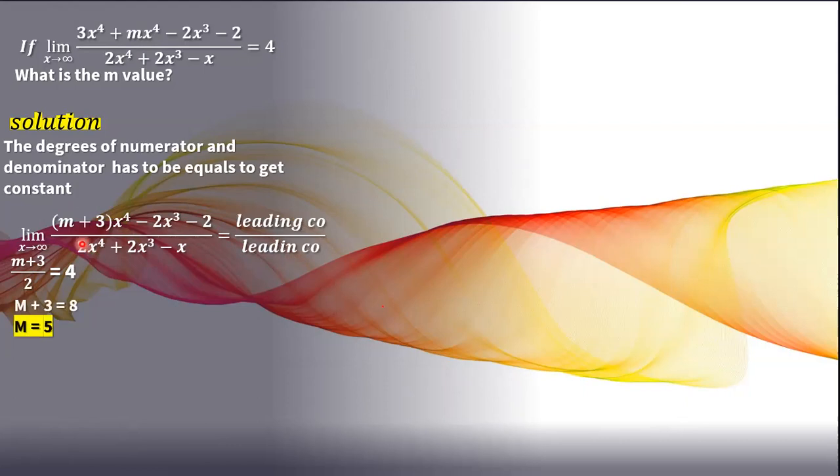The leading coefficient of the denominator is 2. So (m plus 3) over 2 has to equal 4. Cross multiplication, 4 times 2 is 8. So m plus 3 equals 8. We transfer positive 3 to the other side as negative 3, so m equals 5.